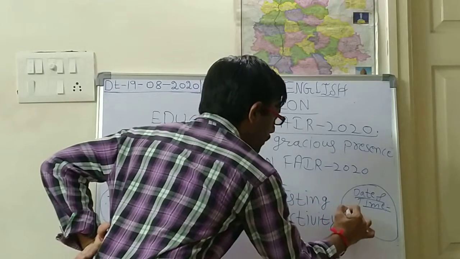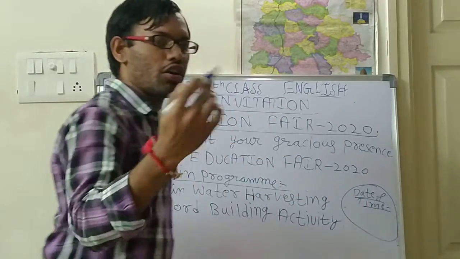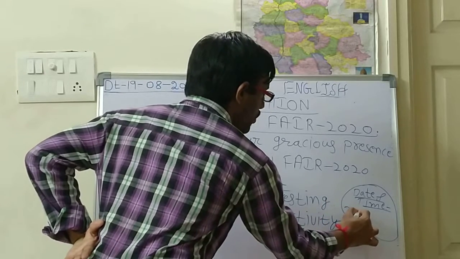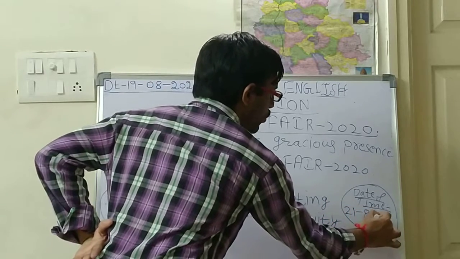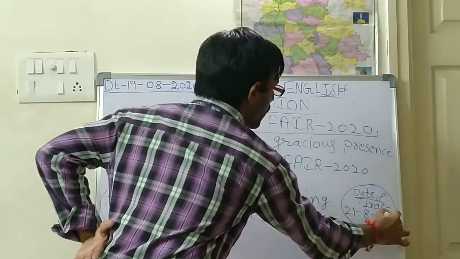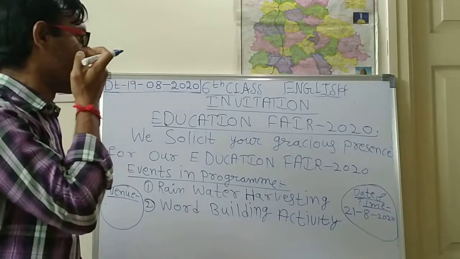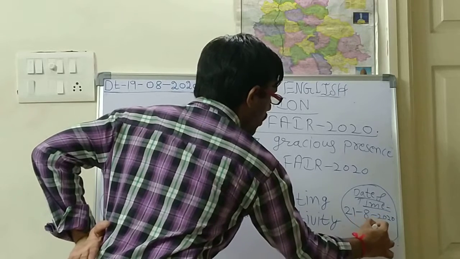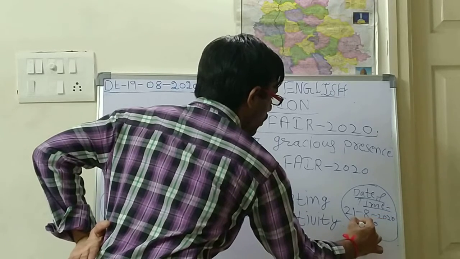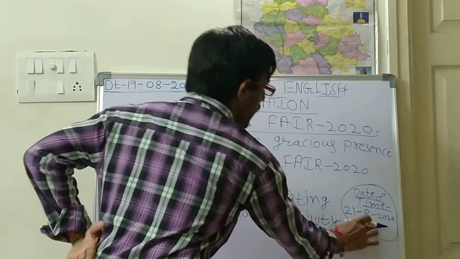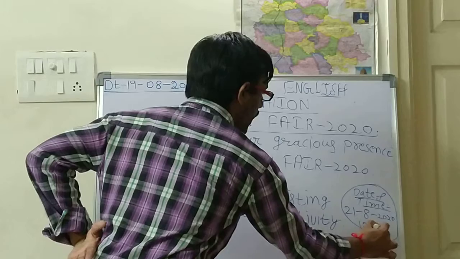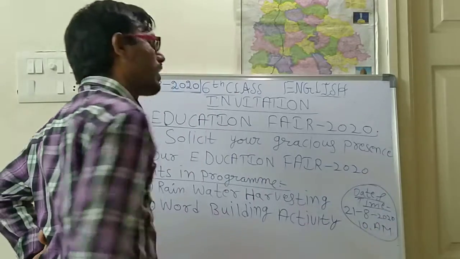Suppose tomorrow, if you want to conduct it, 21/8/2020. So 21/8/2020, and the time is 10 a.m. Like this you can write it.